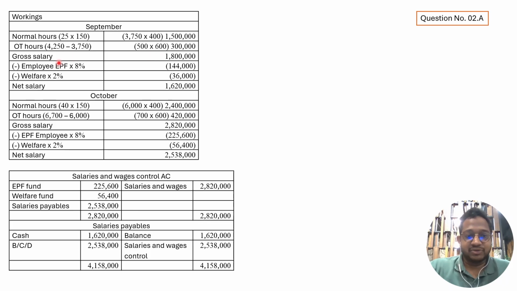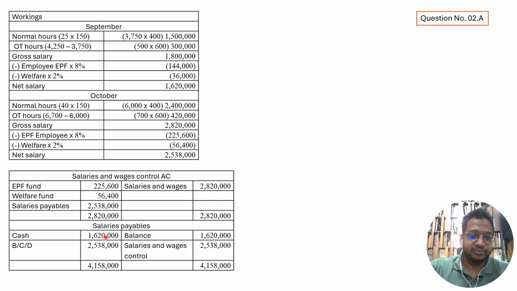And then you can find out the gross salary. From that you have to deduct the EPF 8% and welfare 2%. Then you can find out the net salary. And this is the opening balance of the salaries payable. And that you should debit as cash because you are paying it, which means September's net salary you are paying in October. So that transaction you should present in your salaries payable account.